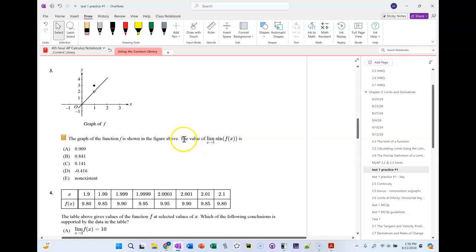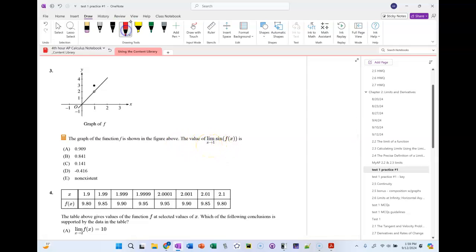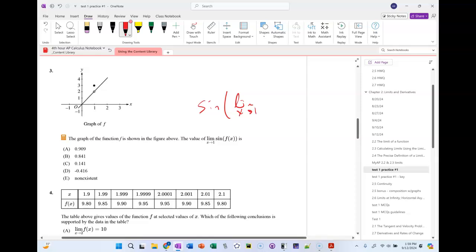So this says the graph of the function f is shown in the figure above. The value of the limit as x approaches 1 of sine of f of x is. So the key idea here is that we can push that limit inside.